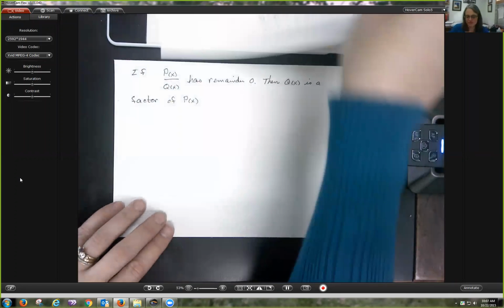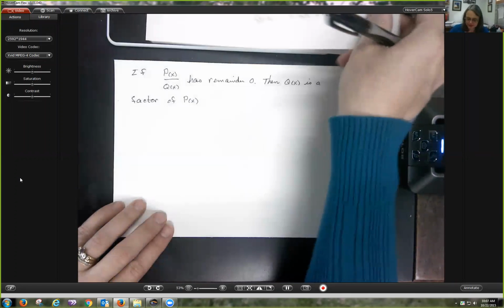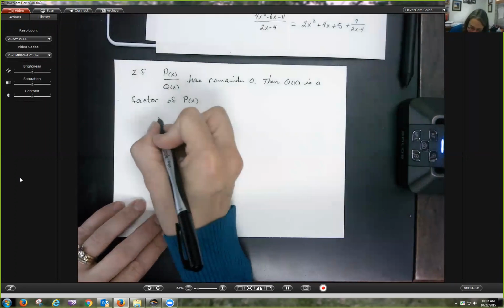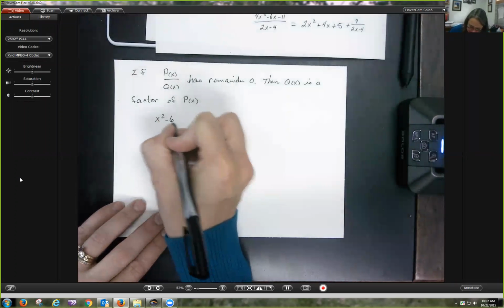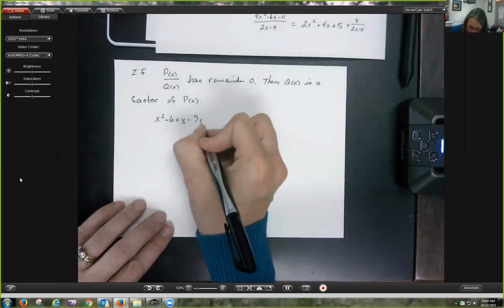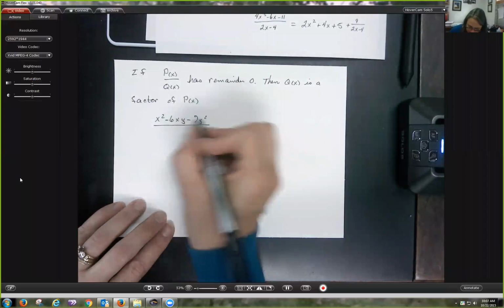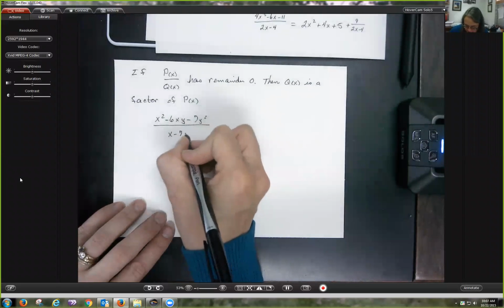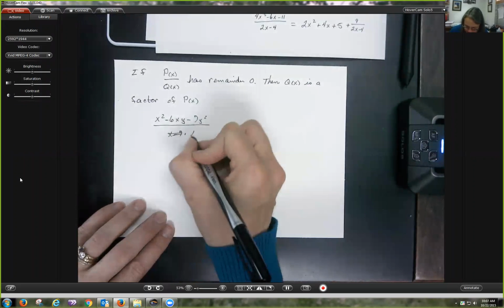So, for example, think back to that. We did x squared minus 6xy minus 7y squared divided by x plus y.